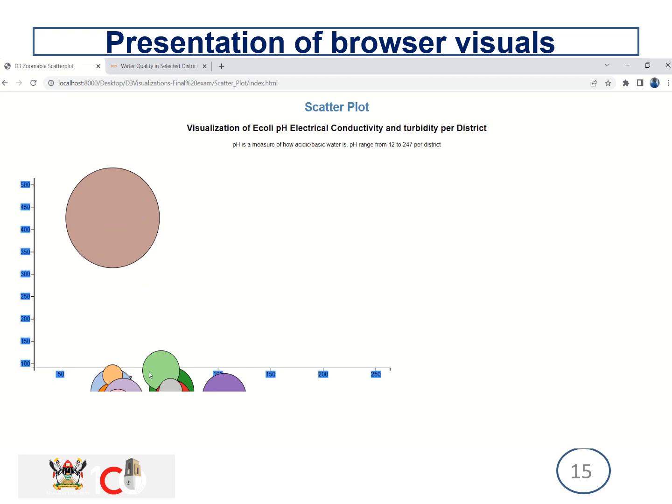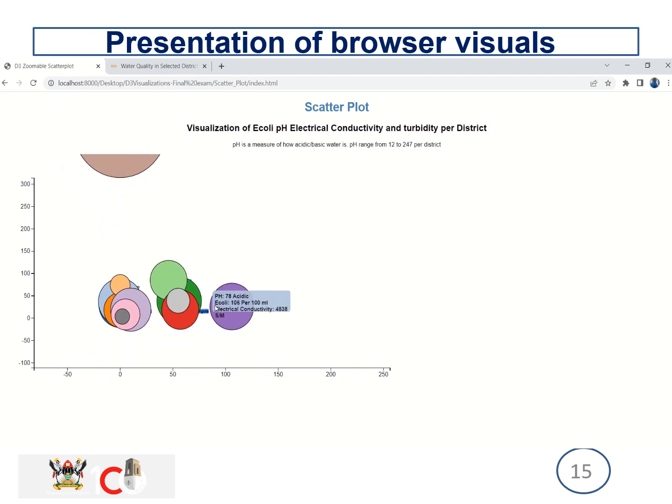Other scatters here tell us that within this district there is a pH of 78 acidic and the E. coli is 106 per 100 milliliters. Electrical conductivity is also at 4838 S per m.